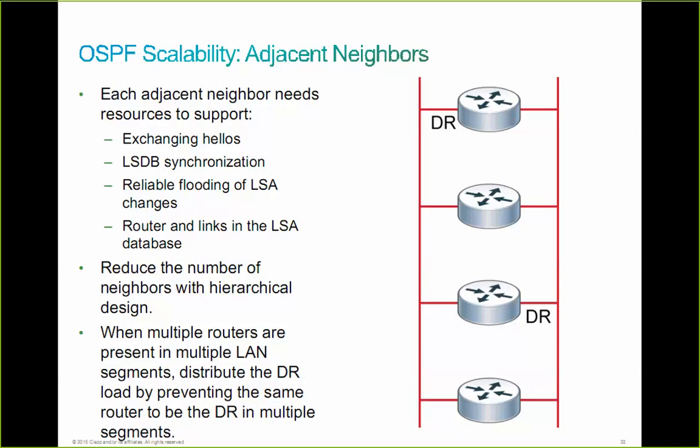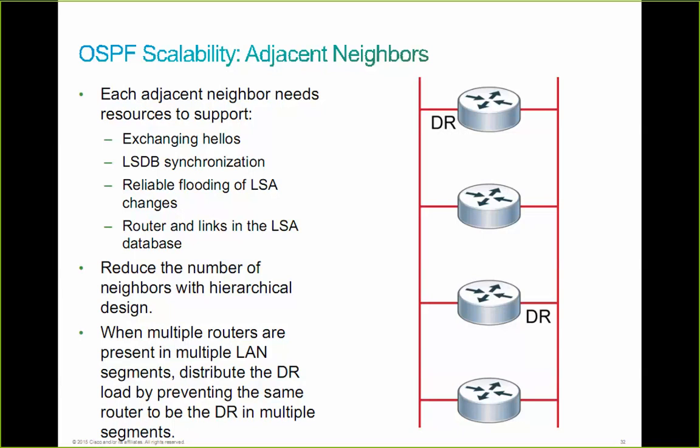Now, we can reduce the number of OSPF adjacencies with a hierarchical design. If we're doing load distribution, we can spread the branch connections to multiple hub routers if we want to. Volatility, or the amount of change, and other workloads need to be considered if we're determining how many peers the central hub router can support.